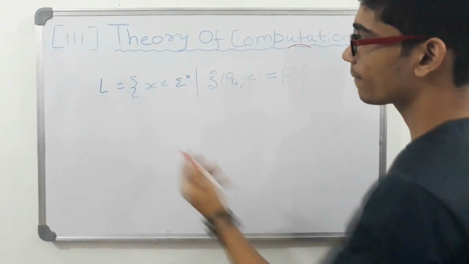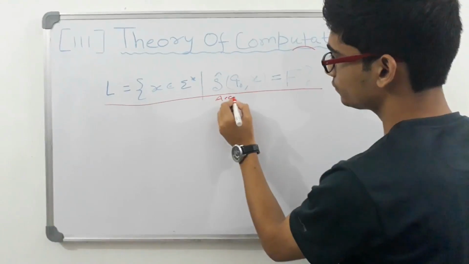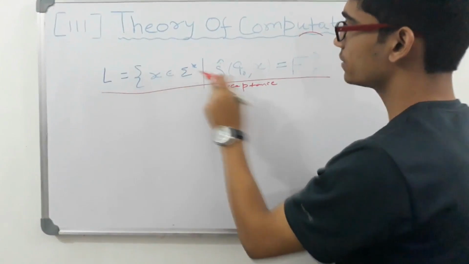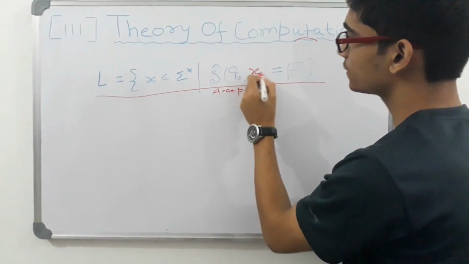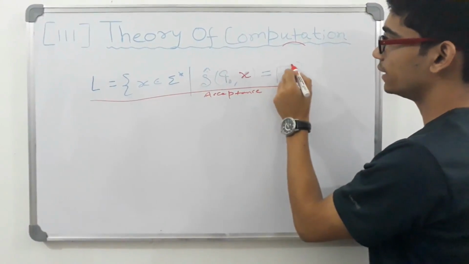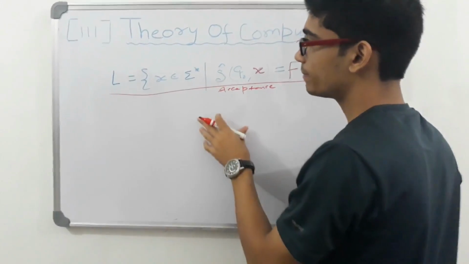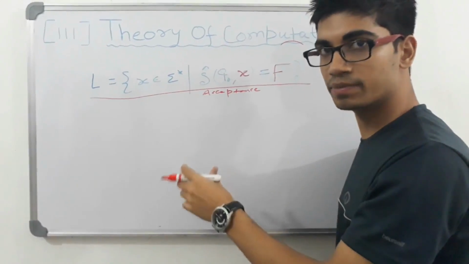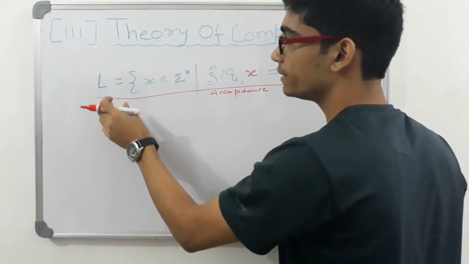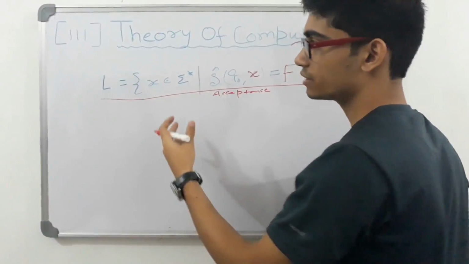What I've written is that this is actually about the acceptance, isn't it? So x belonging to sigma star, and if a string x takes you from the initial state to a final state f, then it is accepted. And we saw that for acceptance we do not talk about the subset or the superset, but about that language, and every element of that language should be accepted and others must be rejected.